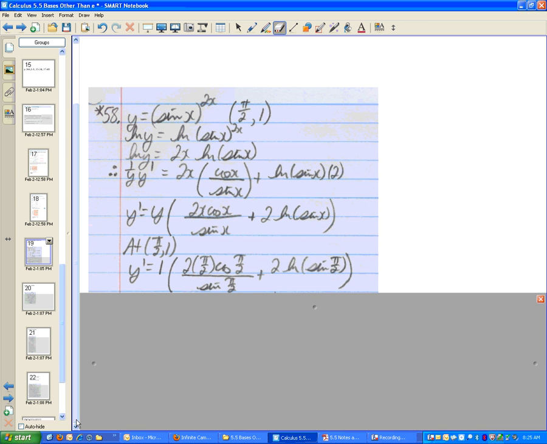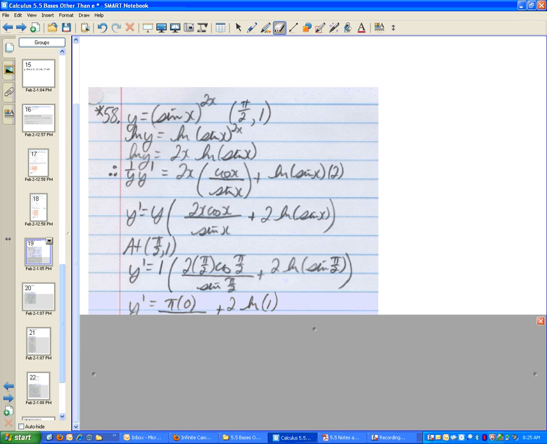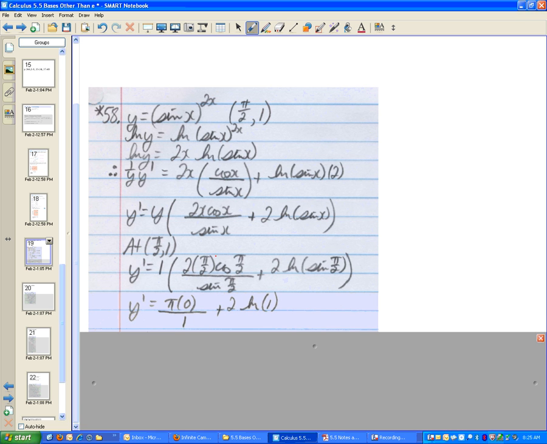Multiplying by 1, well, we can do that. And then 2 times pi over 2 gives us pi. The cosine of pi over 2 is 0. I don't really care at this point what the sine of pi over 2 is, as long as it's not 0, right? Well, it's not. It's 1. So that's where all that comes from.